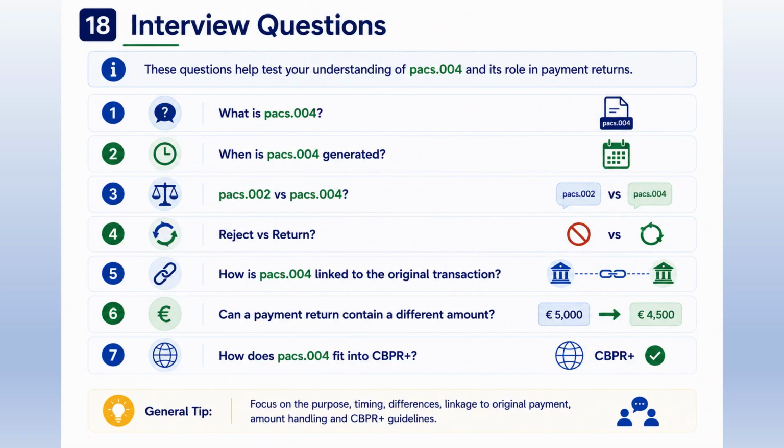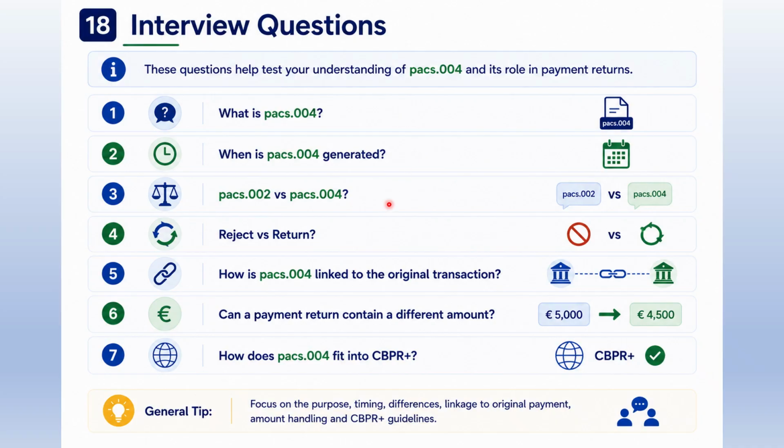Let's quickly review some common interview questions. What is pacs.004? It is the ISO 20022 payment return message used to return funds from an earlier payment transaction. When is pacs.004 generated? When a previously processed or settled payment needs to be returned.